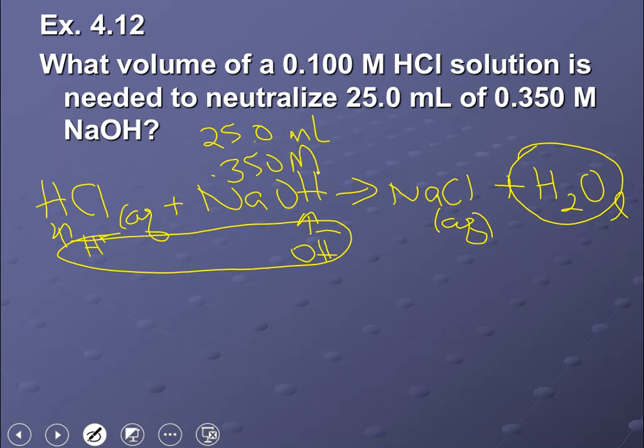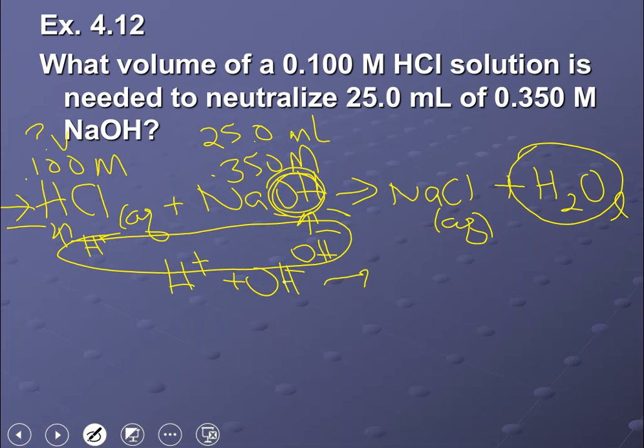And we are going to use a 0.1 molar solution of HCl to do that, but we want to know what volume of this HCl solution is needed to completely use up all of those hydroxide ions and turn that into water. We don't want to have any ions of the hydrogen or the hydroxide left over. We want them to react completely. So our net ionic equation is H plus plus OH minus yields H2O.